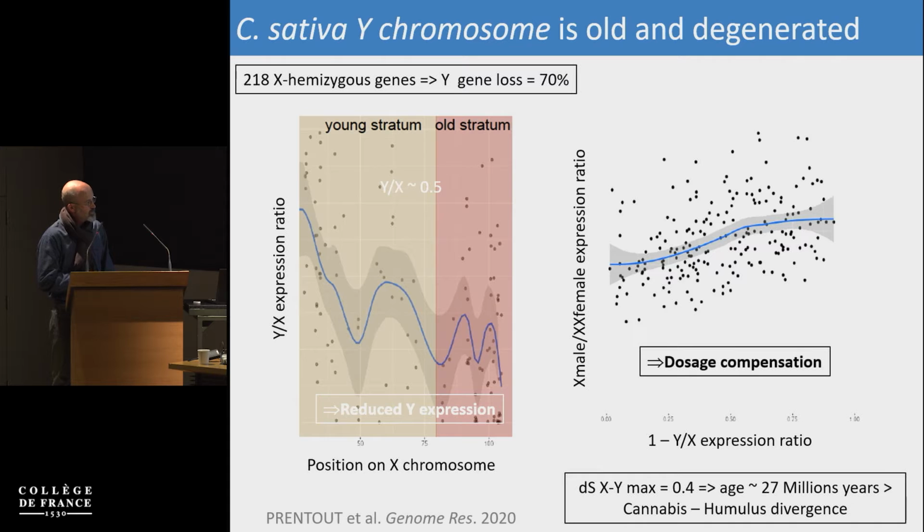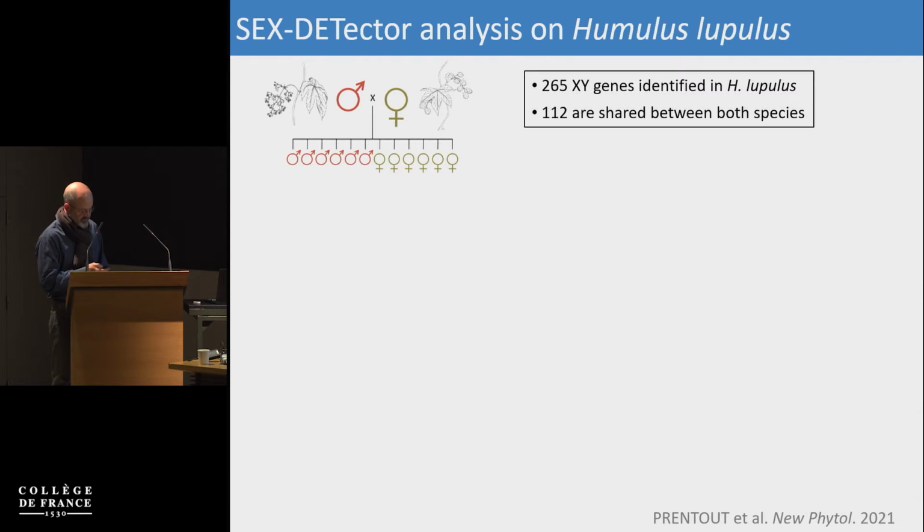We also used the maximum synonymous divergence between X and Y copies to get an estimate of the age of the system, and we came up with this estimate, 27 million years, so it's old, and it's older than the Cannabis Humulus genus divergence, so we decided to look at Humulus lupulus.